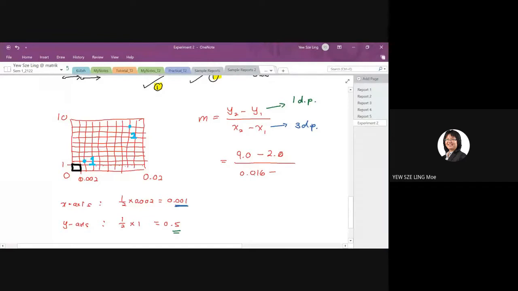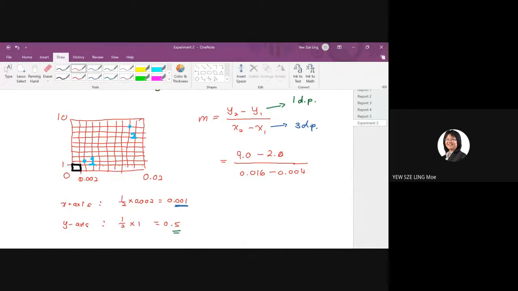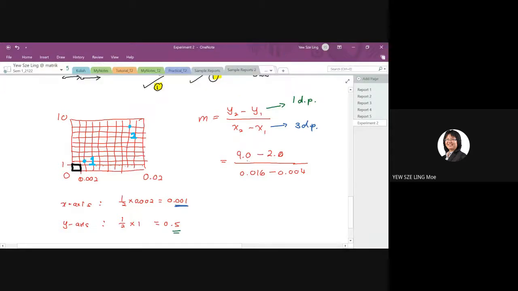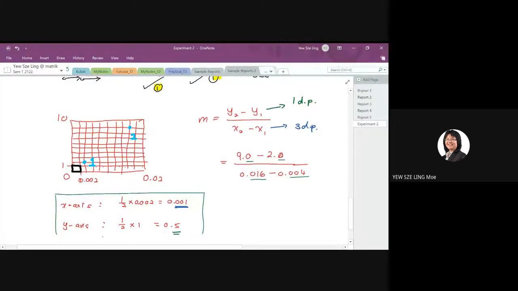Minus 0.004. As you can see, my y values come with 1 decimal place, and my x values all come with 3 decimal places. Why? That is because of this. This is very important.